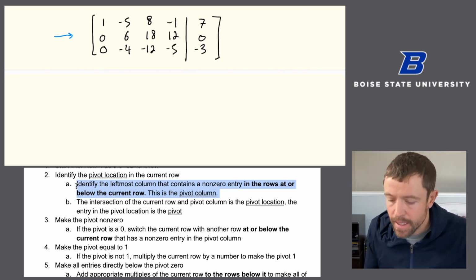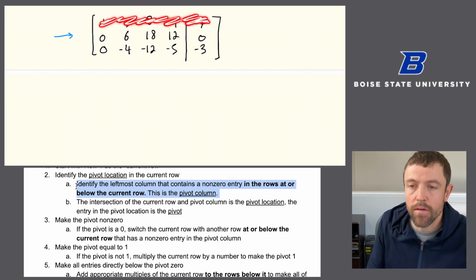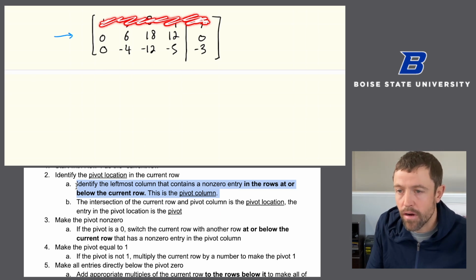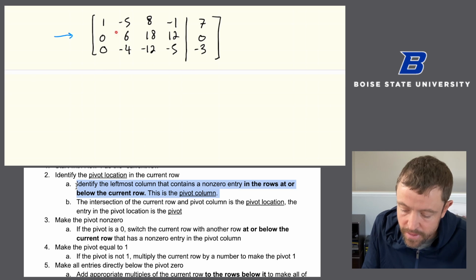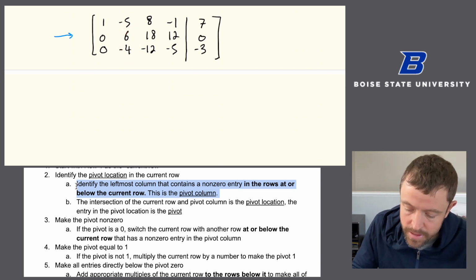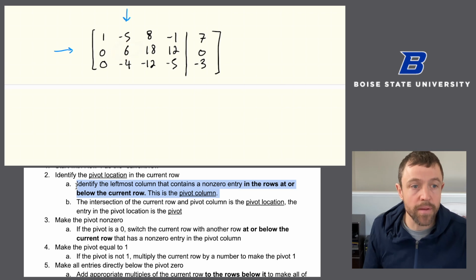What this is saying is, look, we don't care about this top row because that's above our row. So we're going to look at just the rows at or below our current row. And what is the leftmost column with a non-zero entry? That's here. And so this is our pivot column. And that means that this is our pivot.